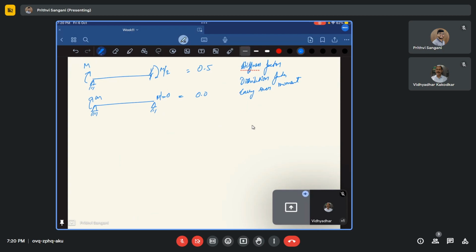So this is the concept behind how we are going to solve for the redundant forces using the moment distribution method. Let us directly start solving one problem. Once we solve the problem, things will be more clear.